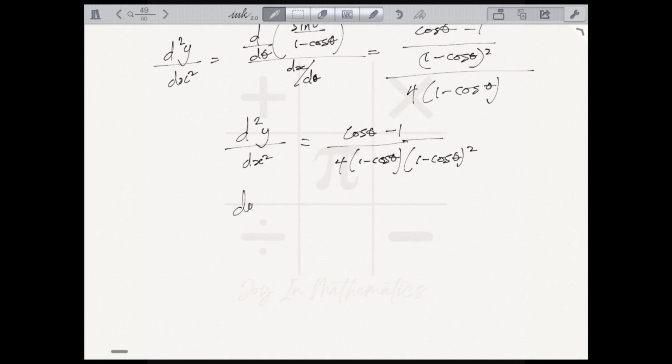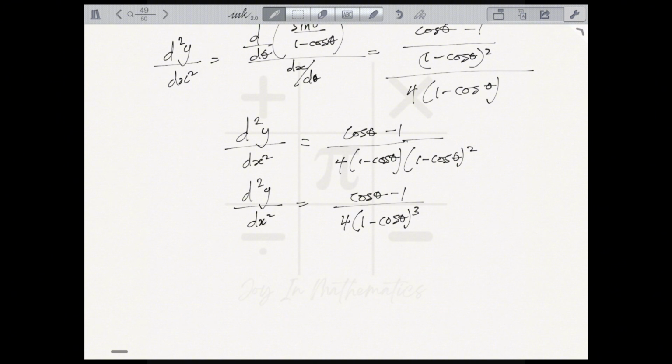Therefore, d²y/dx² is equal to (cos θ minus 1) divided by 4 into (1 minus cos θ) cubed.